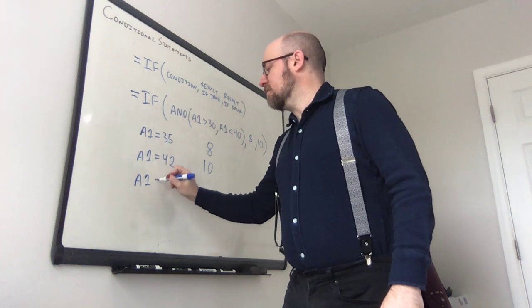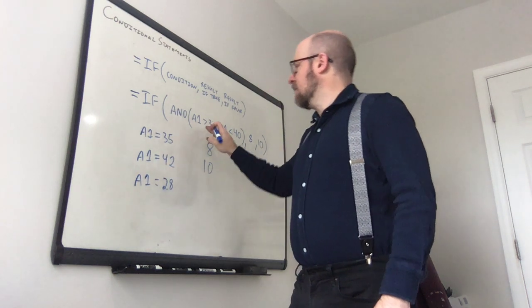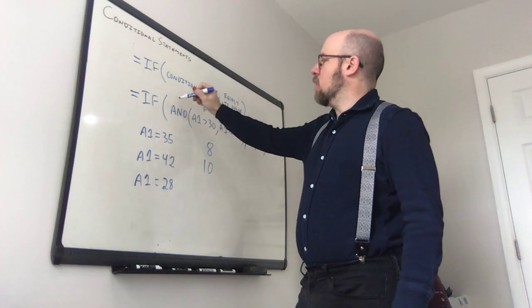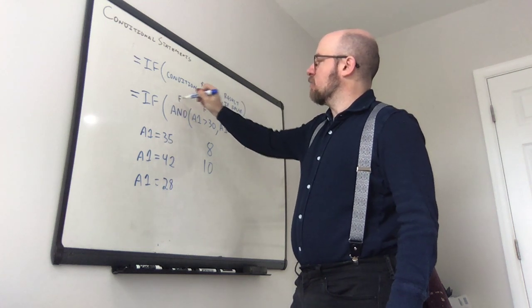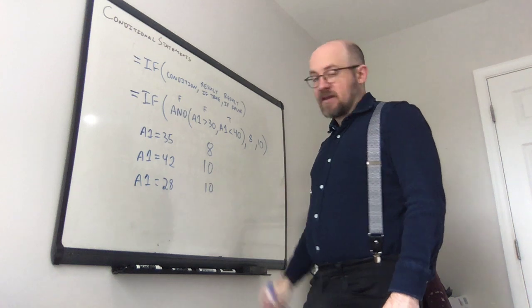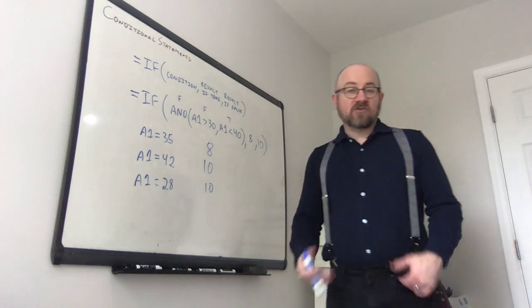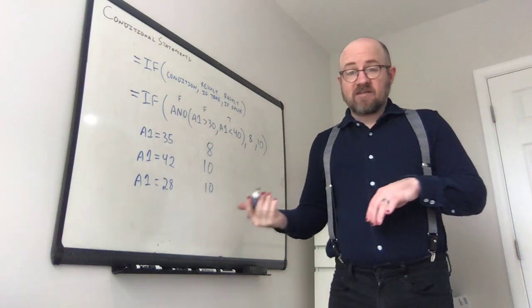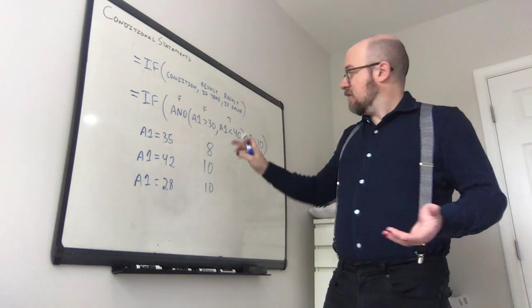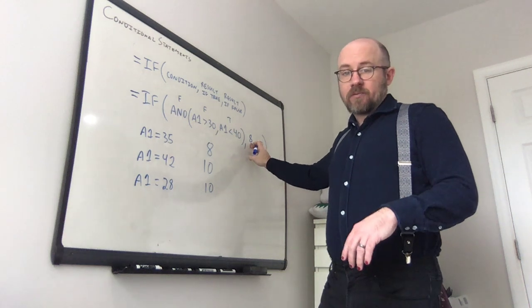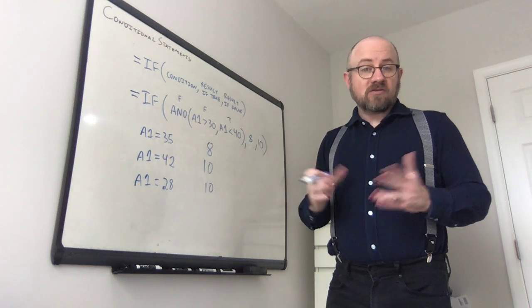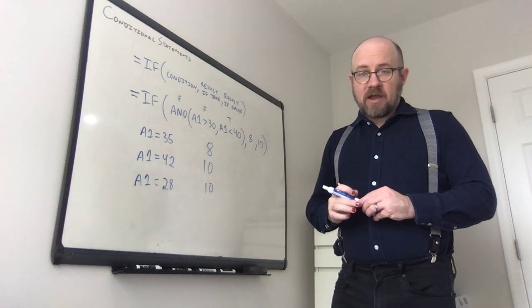Similarly, if A1 is equal to 28, less than 30 makes this false. This is true. So and is going to be false. And so it's going to give you 10. Okay? There's also an or function. So you could do or, in which case it would give you this one if either of them are true. Okay? And so you can combine all of these together and do some pretty interesting things in Microsoft Excel.